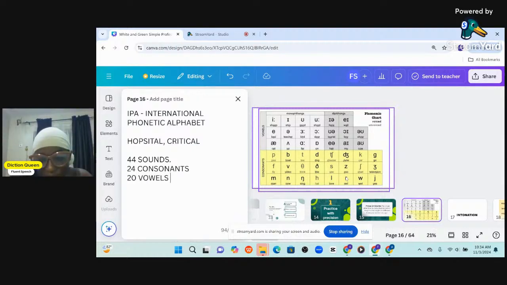For the 20 vowels, some of them are called monophthong. In fact, 12 of them are called monophthong. The monophthongs are the ones with the kind of white background. And then we have the 8 diphthongs. The 8 diphthongs, they are the ones with the dark harsh background.